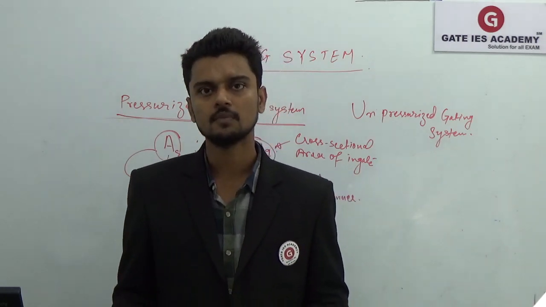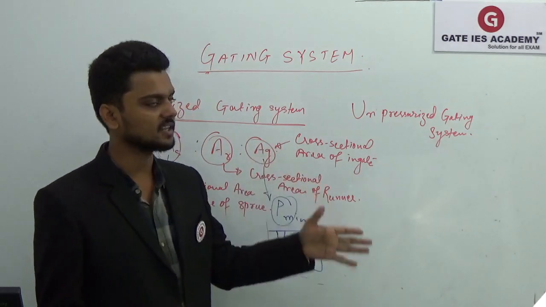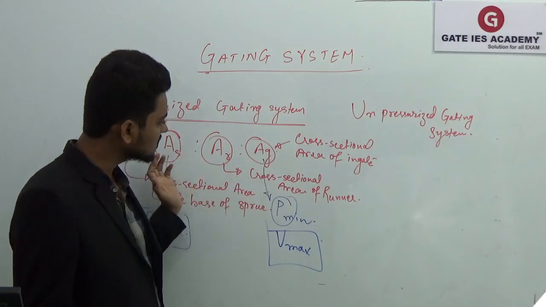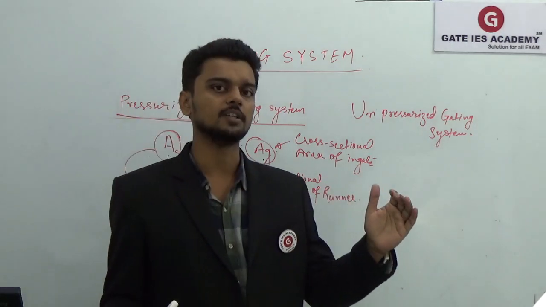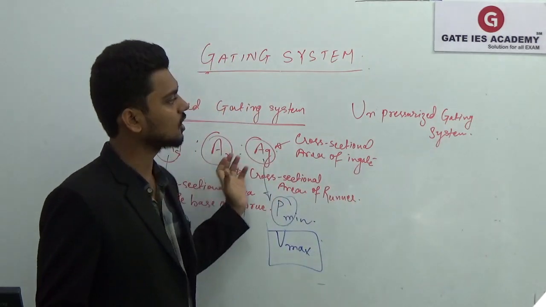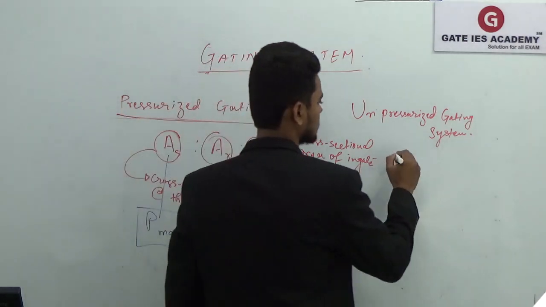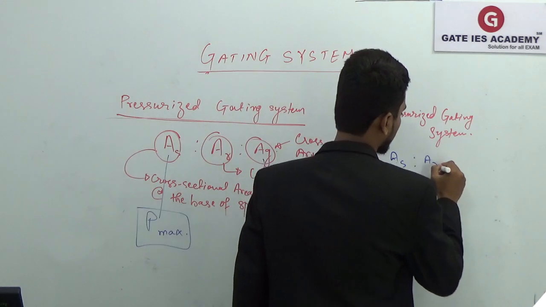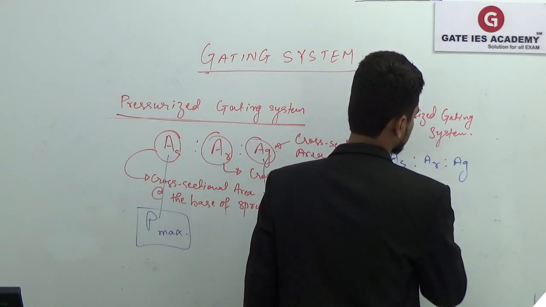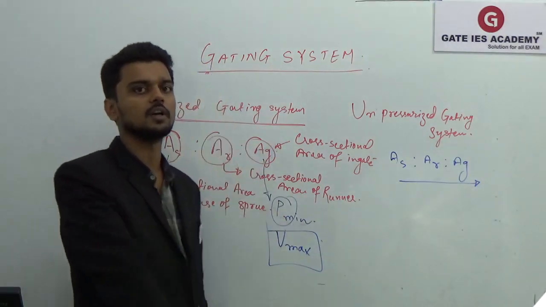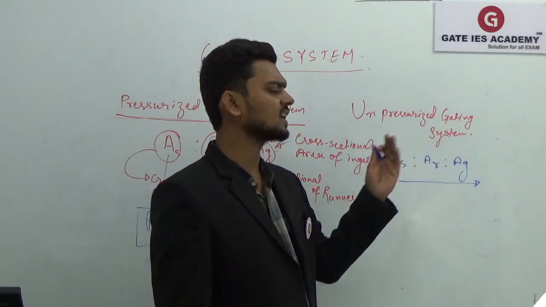Simple. Now, the unpressurized gating system. In the pressurized gating system, the cross-sectional area decreases towards the mold cavity, so the unpressurized system will be the opposite. Here, AS, AR, and then AG: the cross-sectional area increases towards the mold cavity, towards the gate.